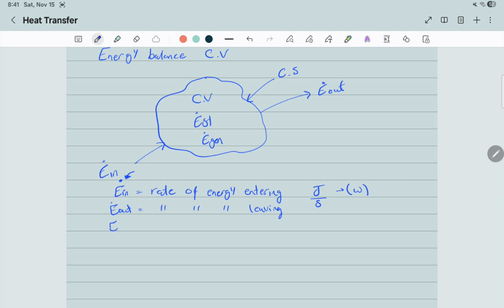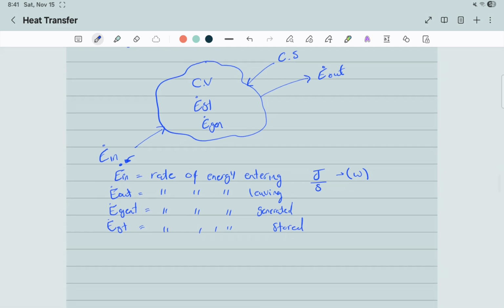Energy generated is the rate of energy generated inside the system, and energy stored is the rate of energy stored inside the system, or the energy accumulated that's left inside the system and hasn't left.